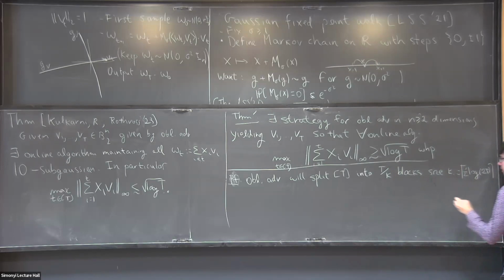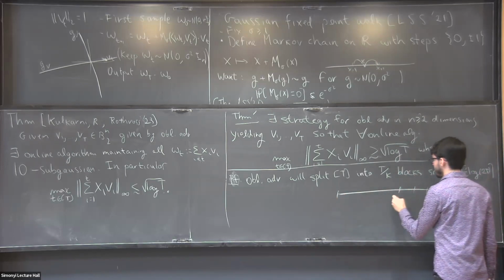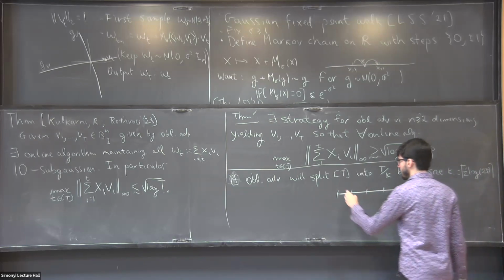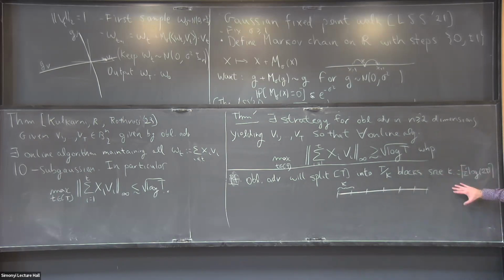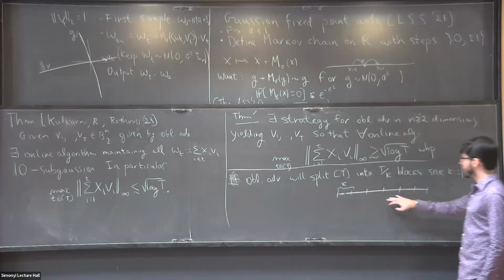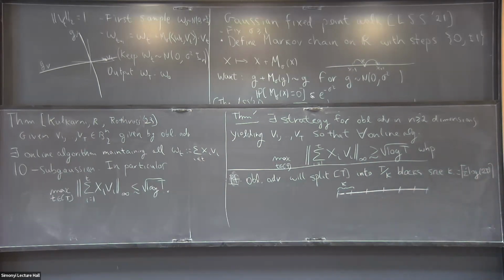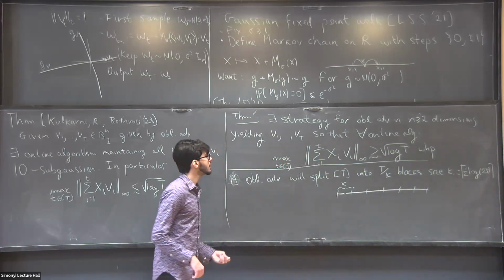So the picture is, I have the time steps, and I'm just going to have several blocks of the same size k. And the oblivious adversary will try the same thing in each block. And we hope that at some point things will work out. So what will they try?